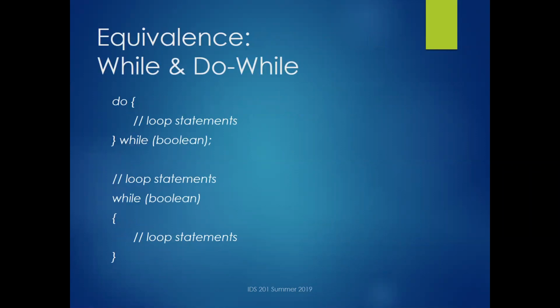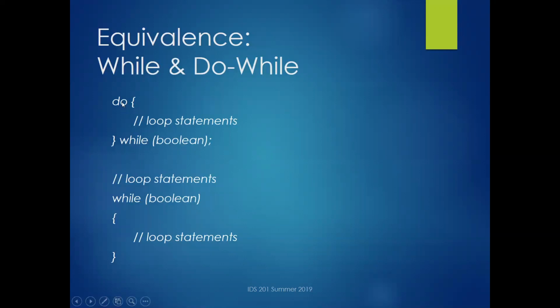Also, in a sense, any while loop can be converted to a do while loop and vice versa with a little bit of contortion, right? Basically, you just have to allow for that one guarantee that the loop executes. So, for example, a do while loop is entirely equivalent to taking the loop statements and repeating them once before the loop begins, right?